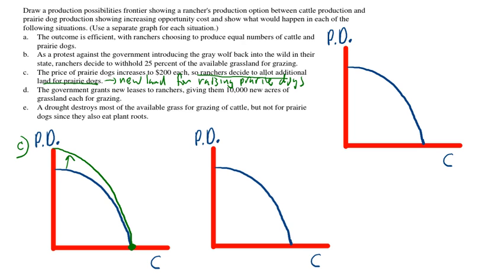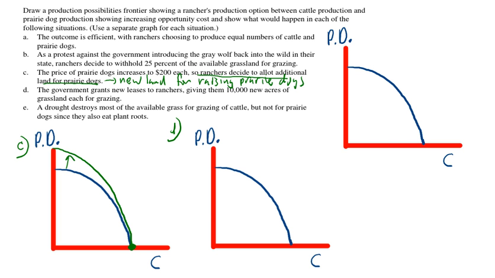It grants new leases to ranchers, so it gives them 10,000 new acres of grassland each for grazing. So these ranchers have 10,000 new acres to do what they want with, so they can produce more prairie dogs and more cattle. So the curve is going to shift outward like this.